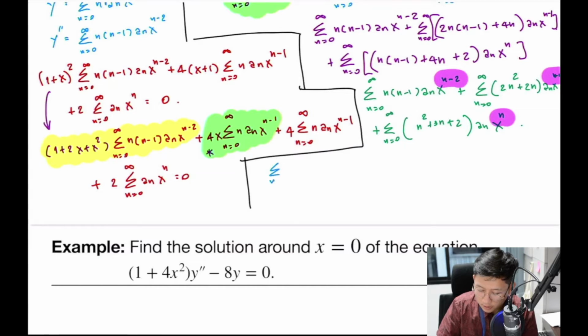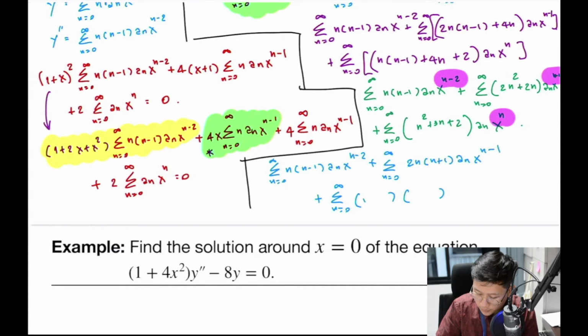So I'll just factorize the n's first, to make it easier to look at. So here that will be 2n and n plus 1, an x to the n minus 1, and then plus summation n from 0 to infinity, and that would be n squared plus 3n, an x to the n.